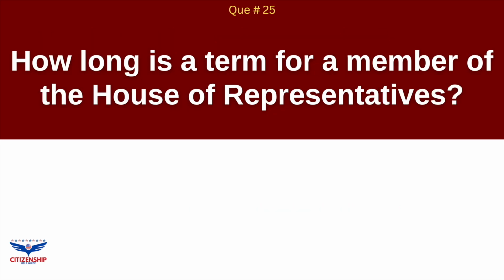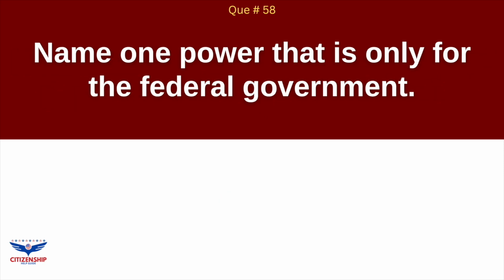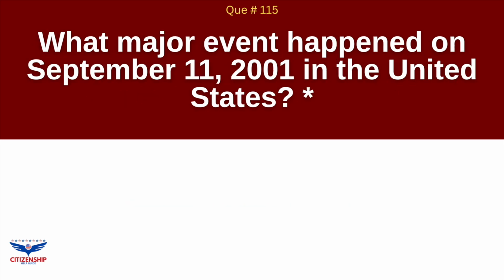How long is a term for a member of the House of Representatives? Two years. Name one power that is only for the federal government. Print paper money. What major event happened on September 11, 2001, in the United States?